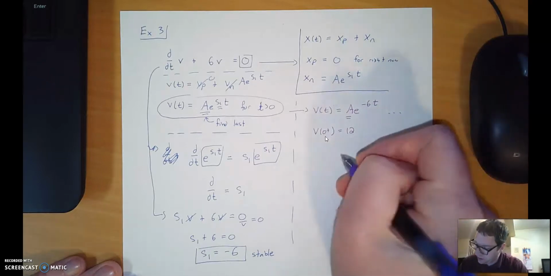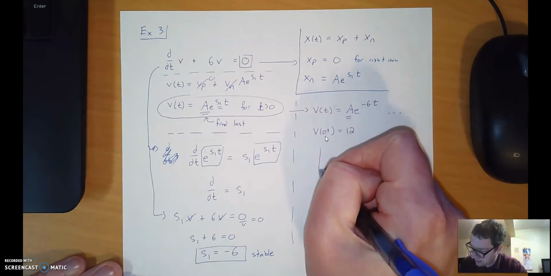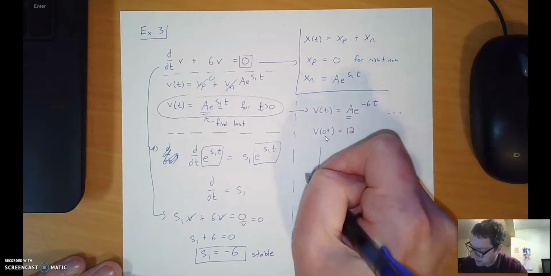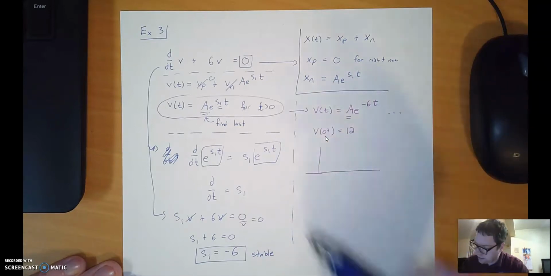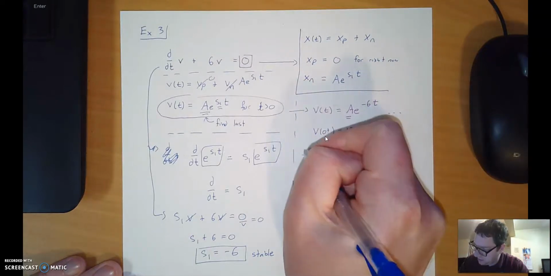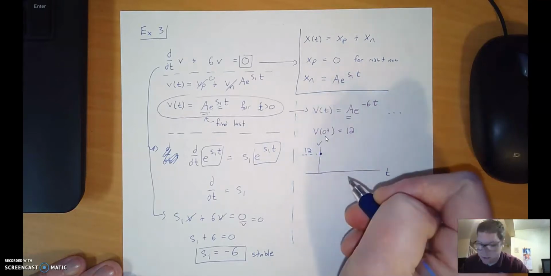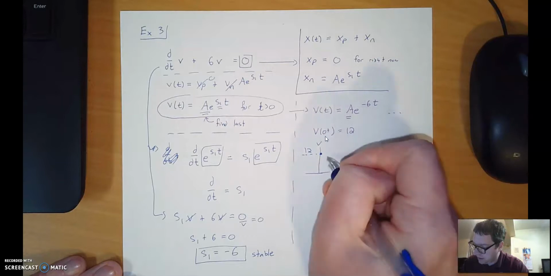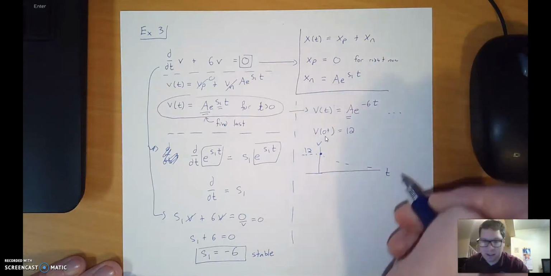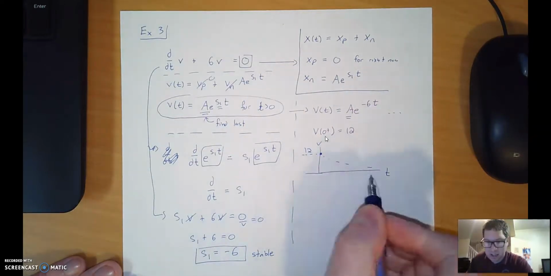If I had a chart here, say this is V and this is t, we have the voltage up here at 12 volts, and right after it is 12 volts. I don't know what it's going to do next, but it should decay at some rate because it's discharging. Because it's a stable system, it should decay.